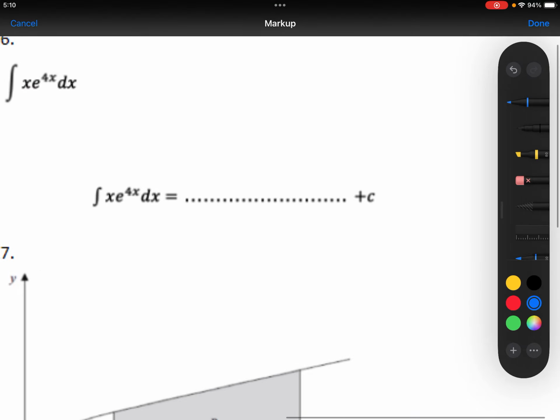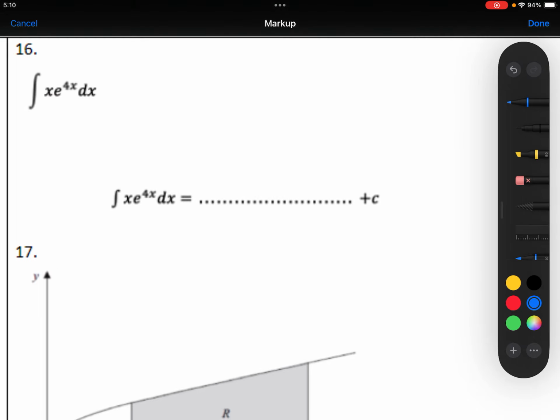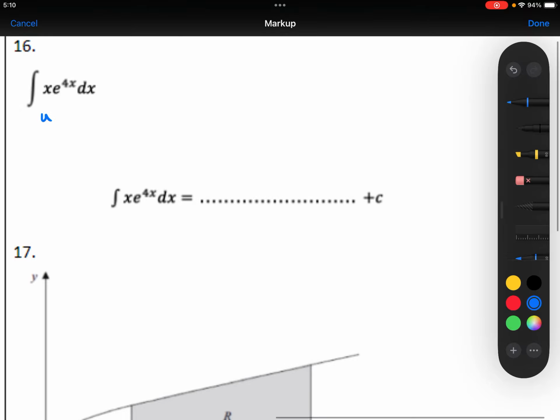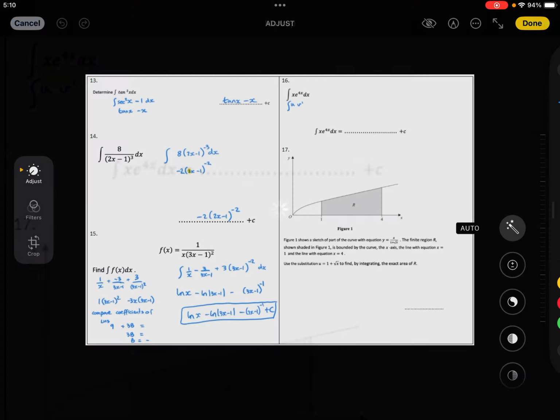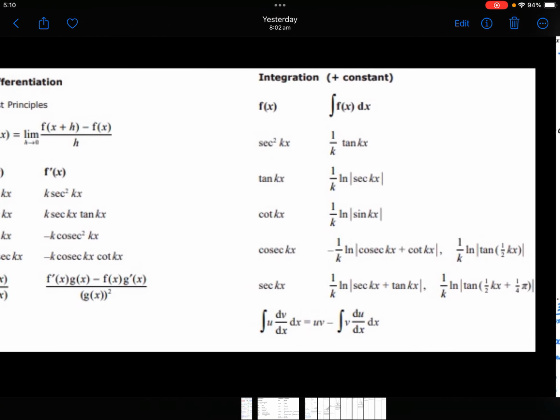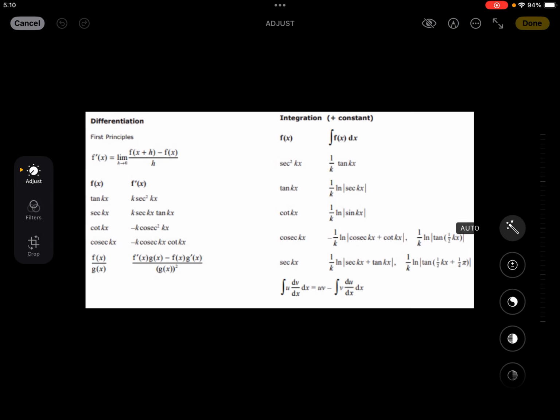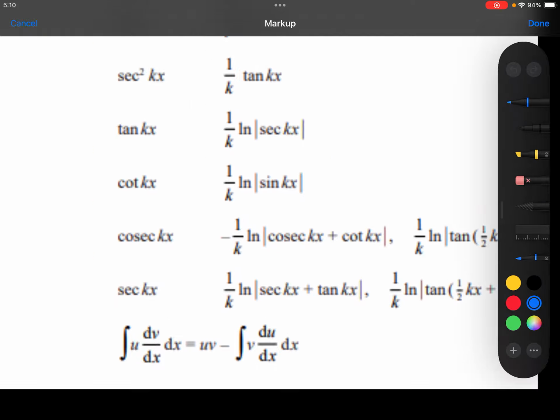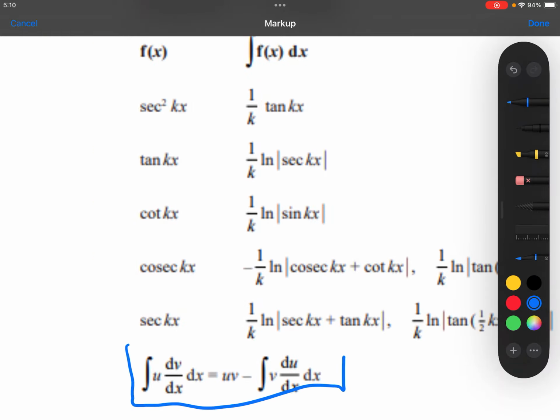Question 16. We want the integral of x e to the 4x. I'm going to do this by parts. So we want the integral of u v dash. Do remember you do have the integration by parts formula here.